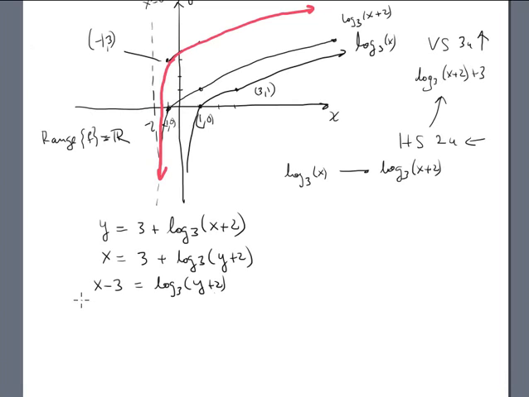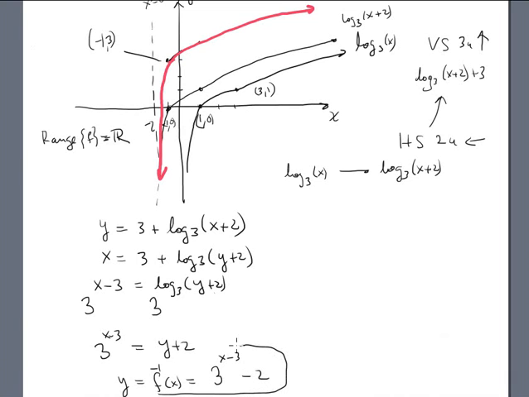Now raise to base 3: this is 3 to the x minus 3, the log cancels out, equal to y plus 2. Therefore the new y, which is the inverse function, is equal to 3 to the x minus 3, minus 2. And this expression is exponential.